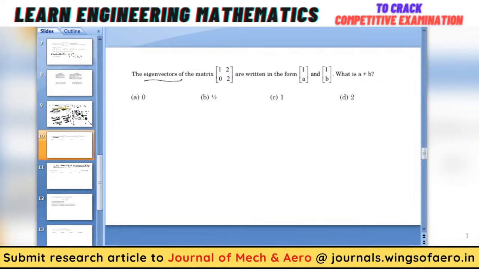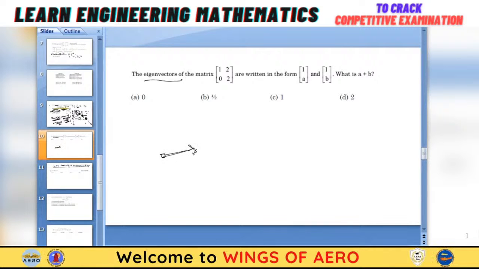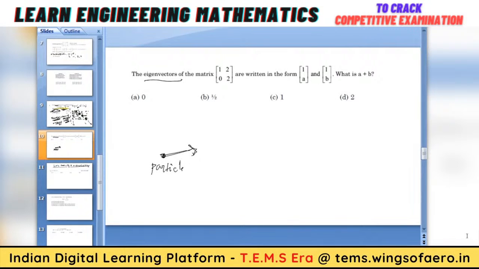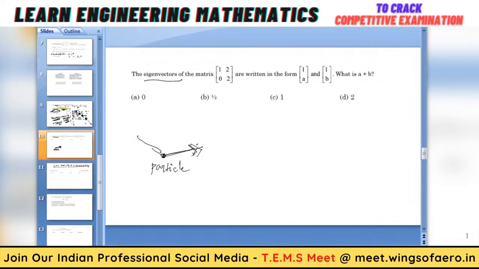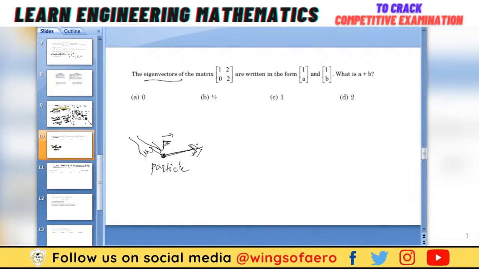So first of all, I am going to explain what an eigenvector is. Suppose a particle is going in this direction. Now you are applying a force, suppose F, to this particle.